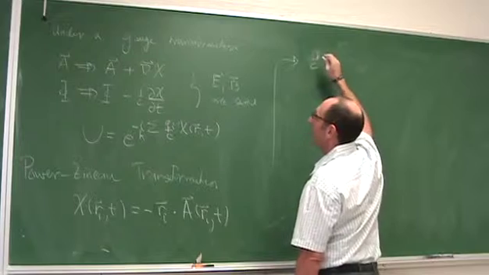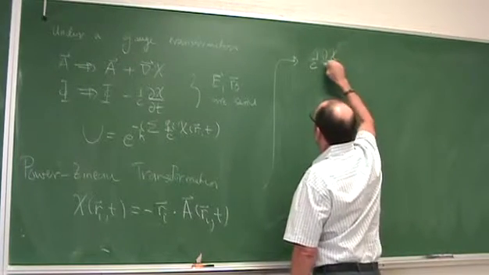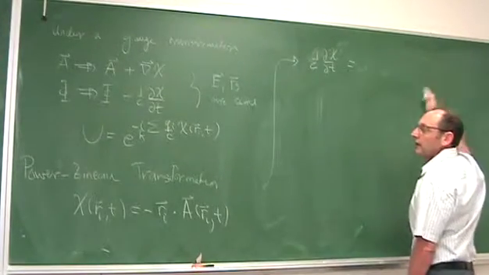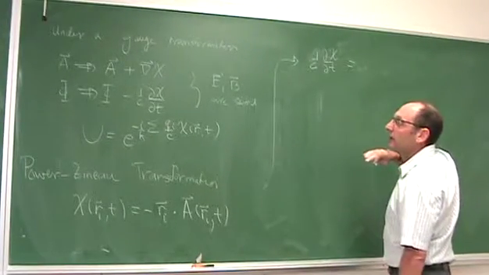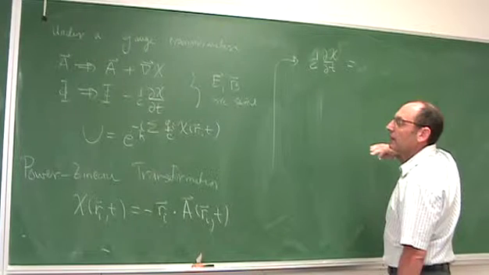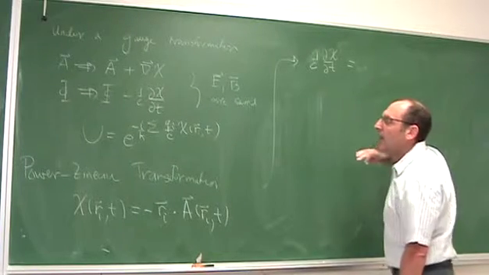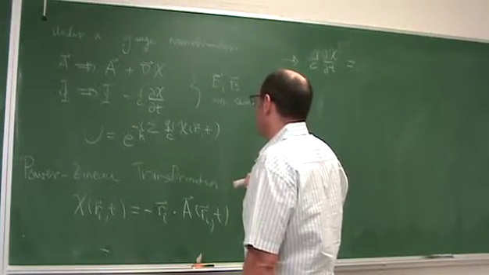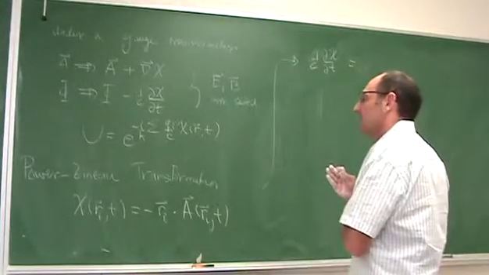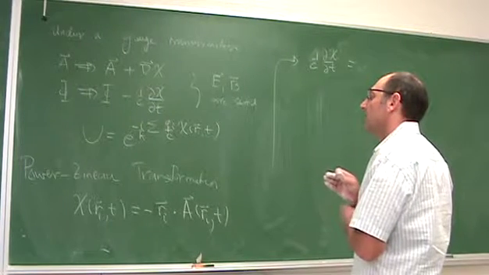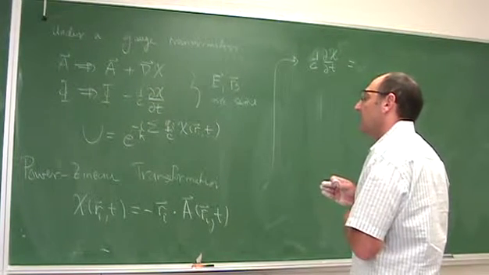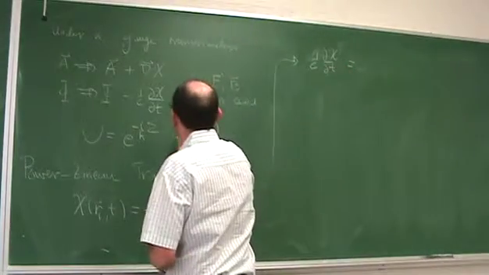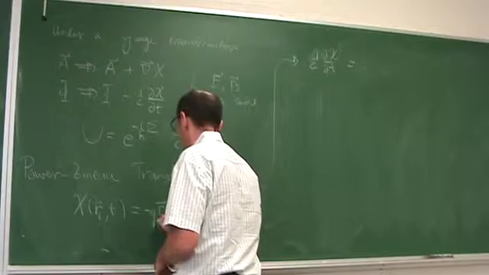So 1 over c d chi dt is equal to, the way I define this, I put the charge inside here.